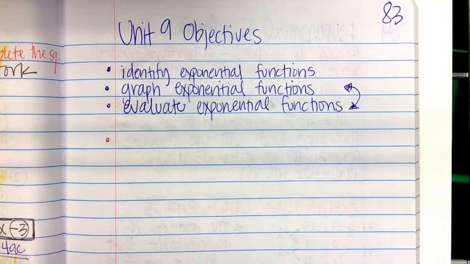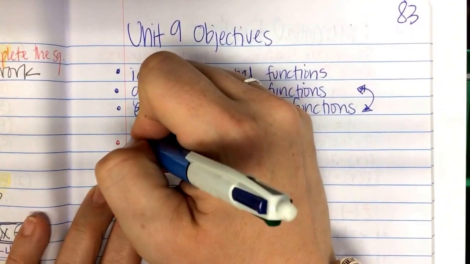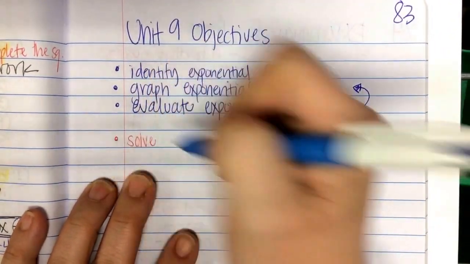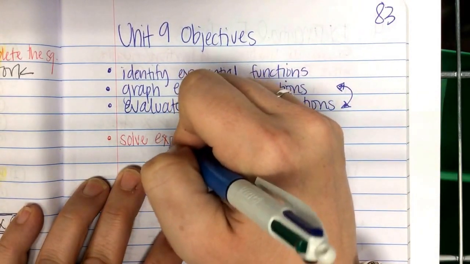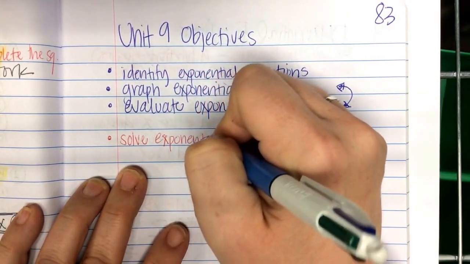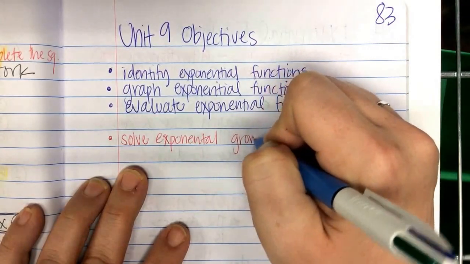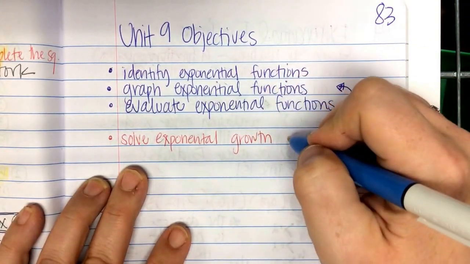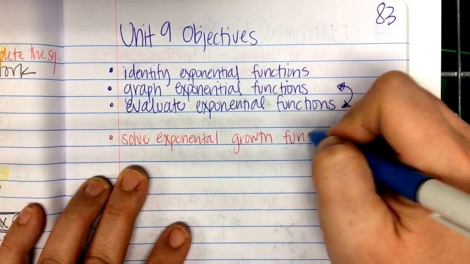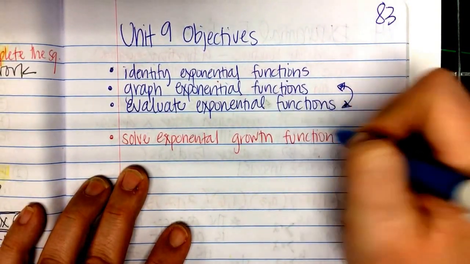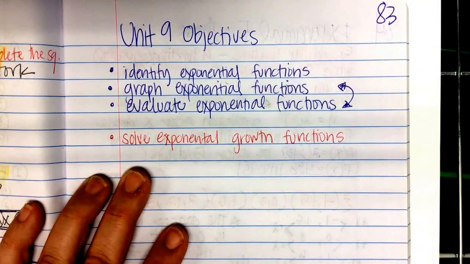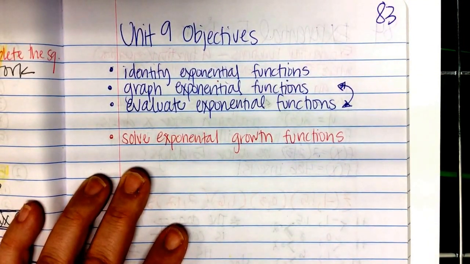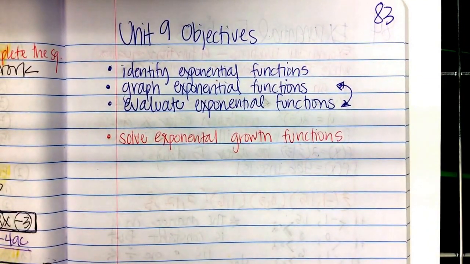And for our objectives, we're just adding one today. We're going to solve exponential growth functions. And there are two types of exponential growth.